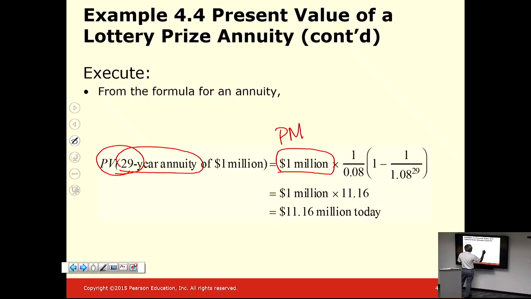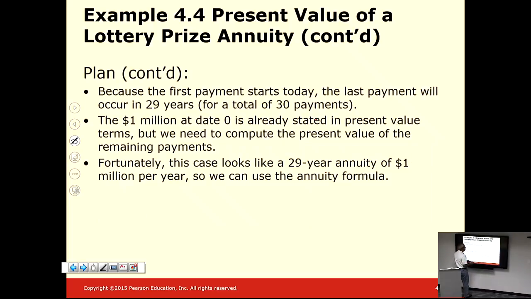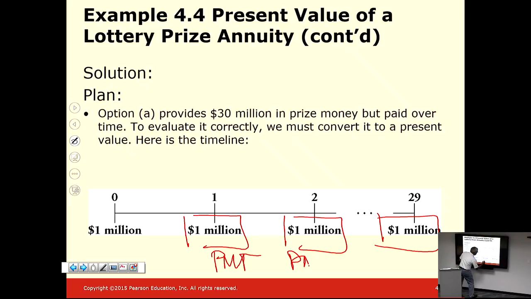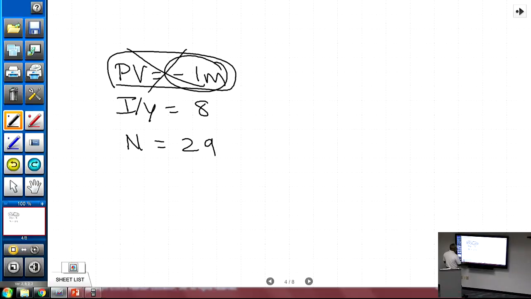It represents a steady stream of $1 million payments. So payment, payment, payment. In the financial calculator, we will call this the payment variable. So my payment variable would be 1 million. That can be entered just as a plus.